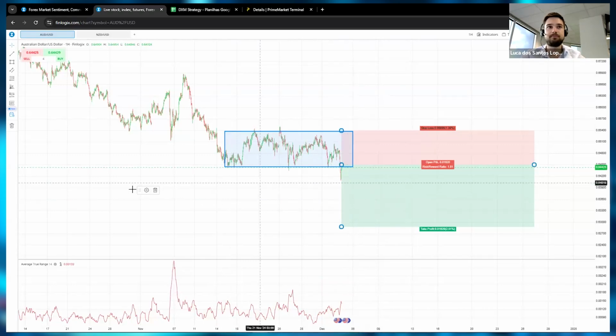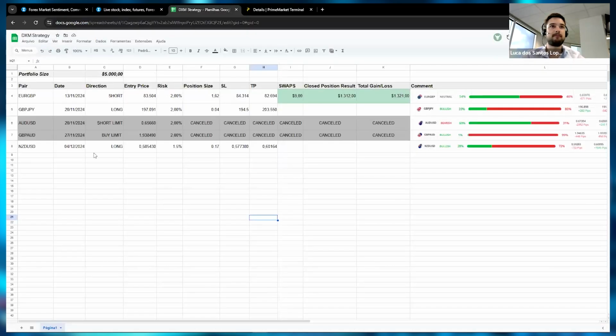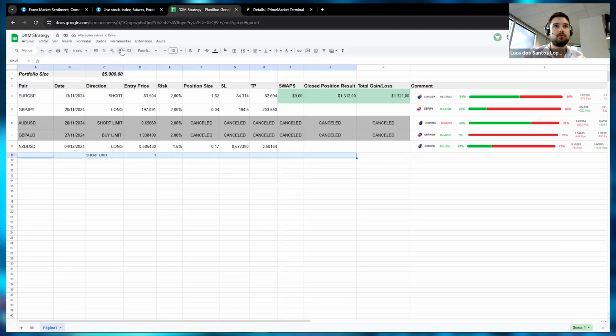So entry will be on this. What is gonna be the entry, and then push. Okay, 1.5% risk as well.